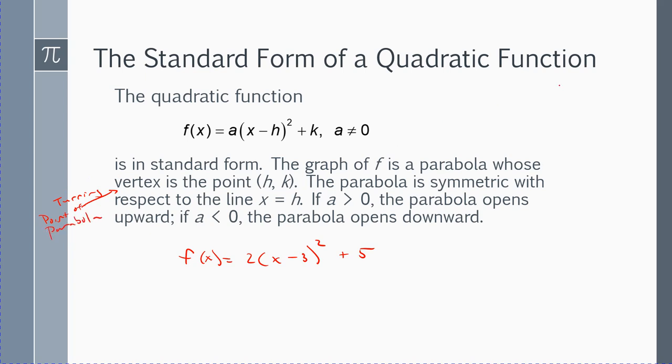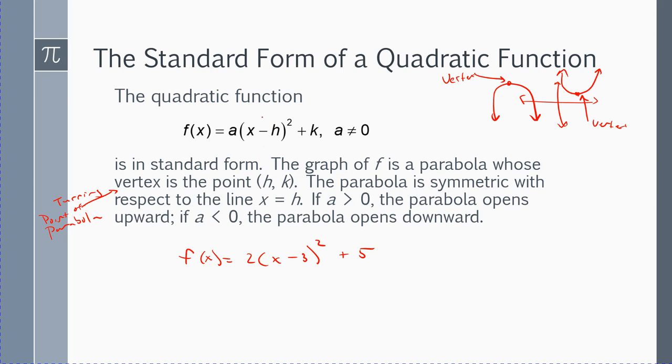When you have a parabola that opens up like this, that turning point is the vertex. Or if you have a parabola that opens down like this, the turning point up here is the vertex. So the parabola's vertex is the point (h, k).